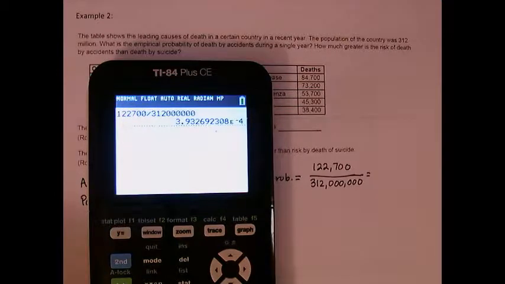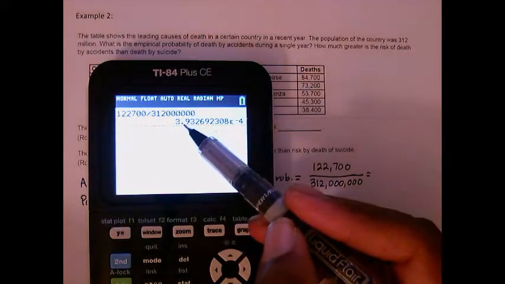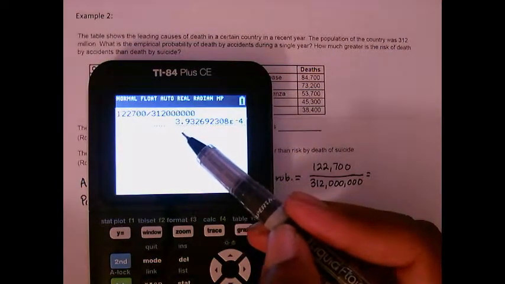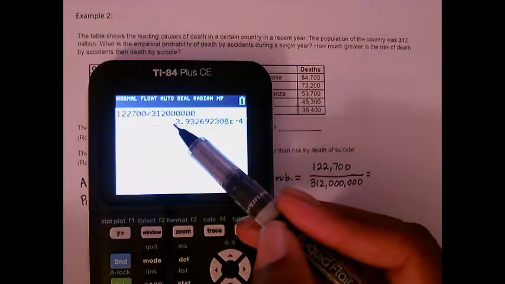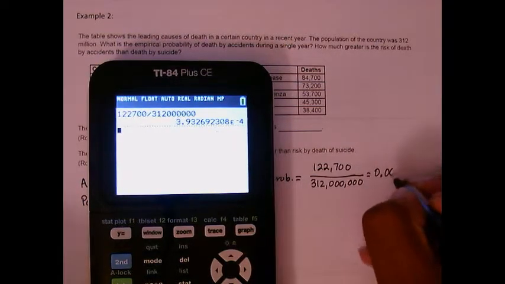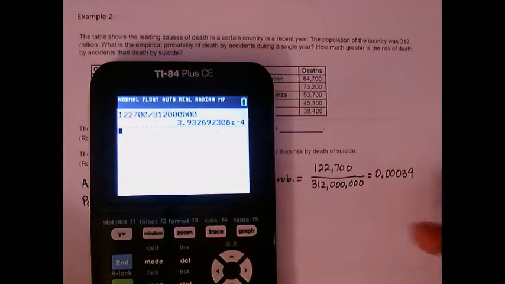But in this case, e to the negative 4 tells me I need to move the decimal point 4 places to the left. So I know I can move it over 1 place, but I need to move it over 3 more places. So I'm going to need 3 zeros. And I'm going to give that answer to 5 decimal places.